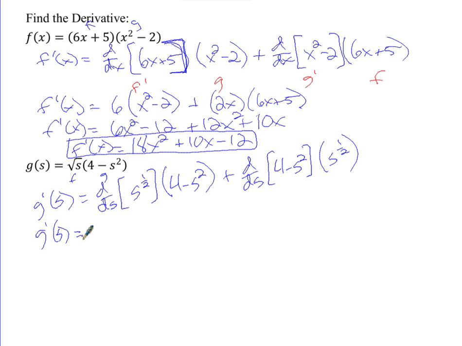So I'm going to write that as 1 over 2s to the 1/2, right? Okay? Times 4 minus s squared plus negative 2s times s to the 1/2.